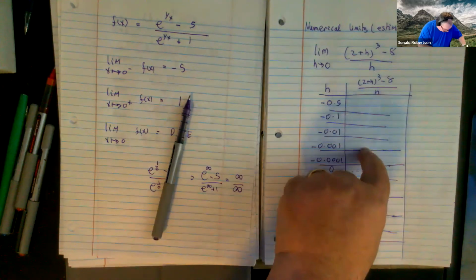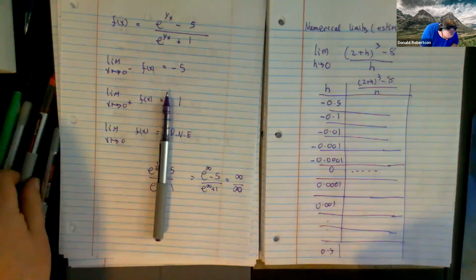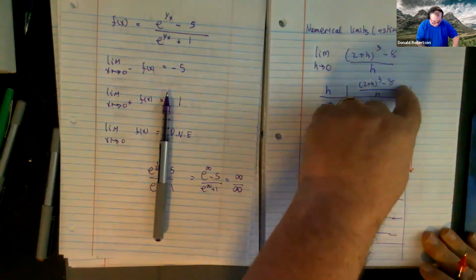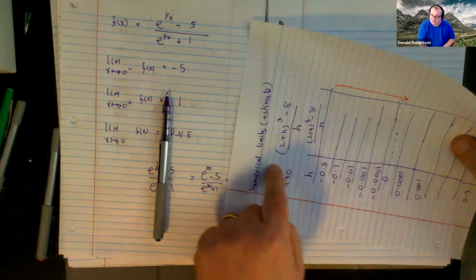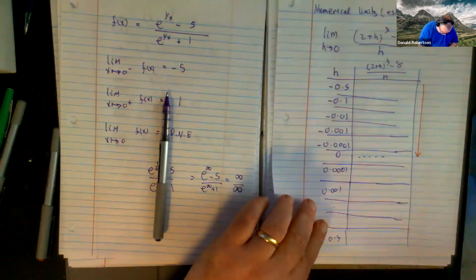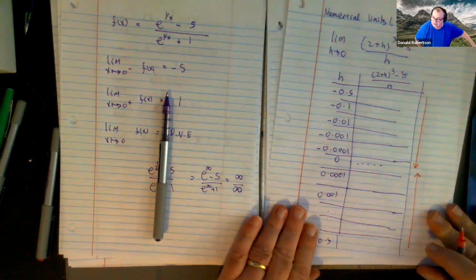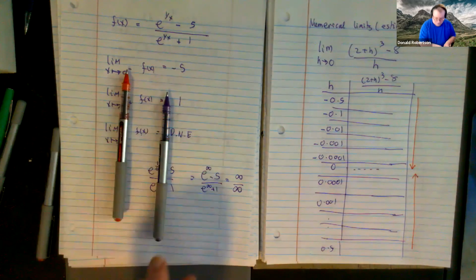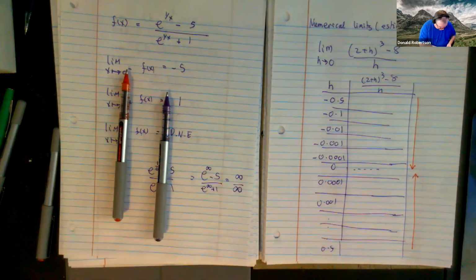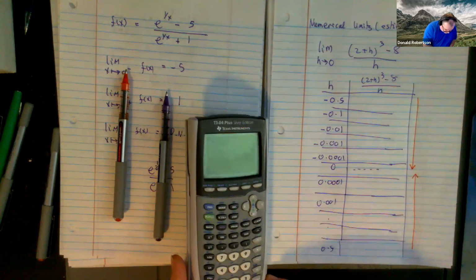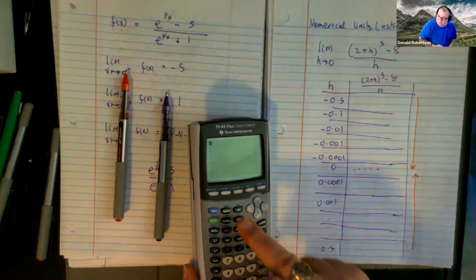Do you notice that, at least the way I've written it, as you do this direction, aren't you getting closer and closer to 0 coming in from the left-hand side? And then as you do these ones, won't you get closer and closer to 0 coming in from the right-hand side? Now, since I'm a lazy or efficient person, I like to do things efficiently, so let's get the calculator to do as much of this work as we can.